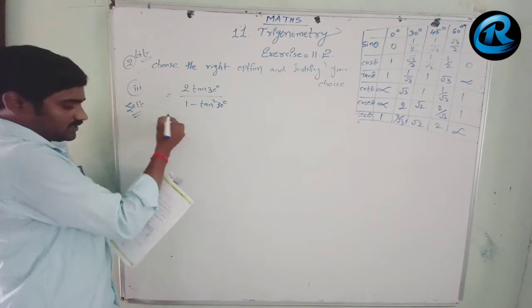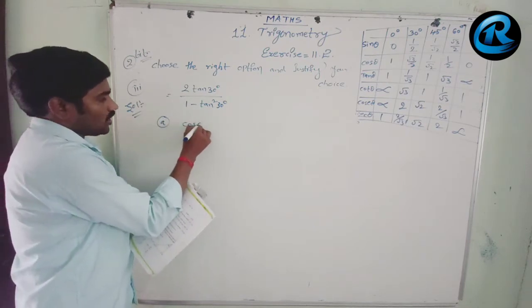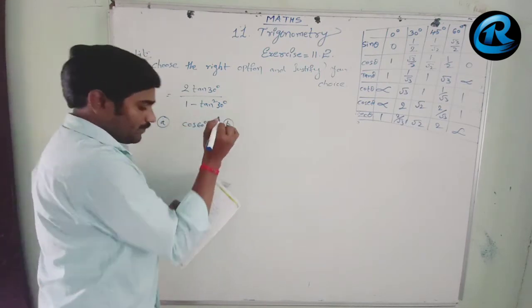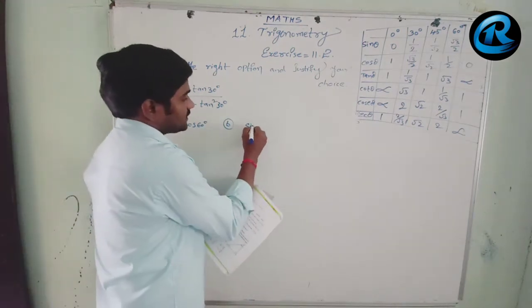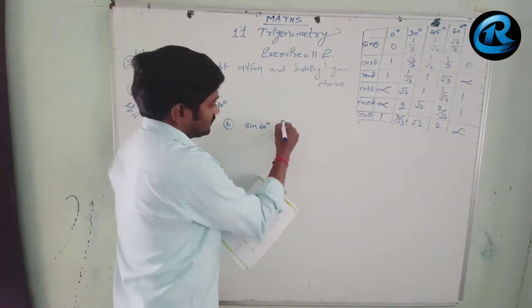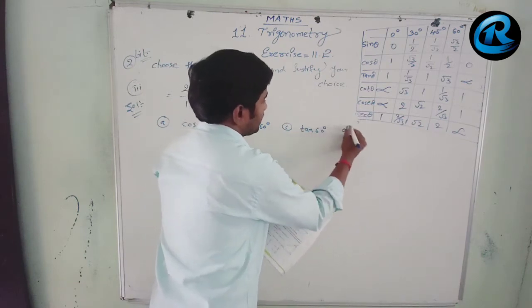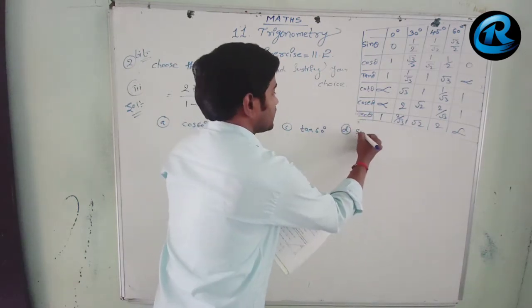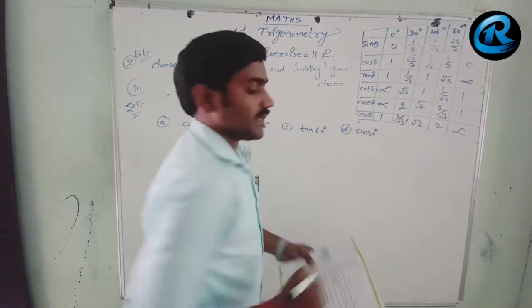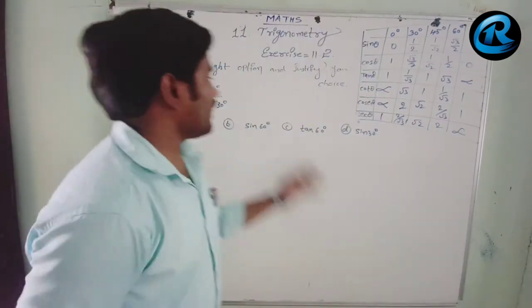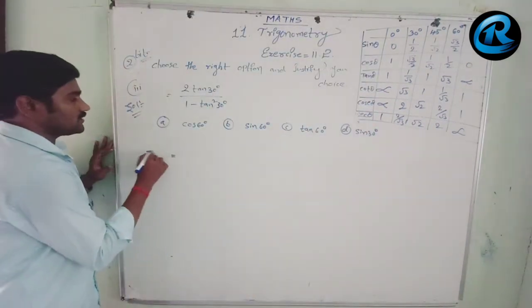So here the options are given: A, cos 60 degrees; B, sin 60 degrees; C, tan 60 degrees; and D, sin 30 degrees. Okay, let us find out. We know the values, no? We will substitute the values here.